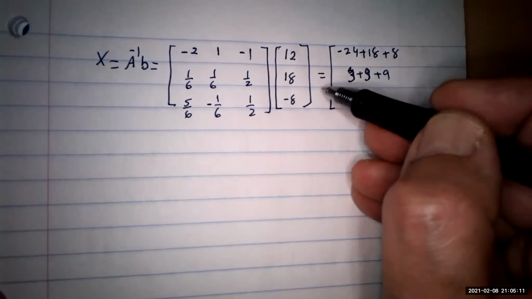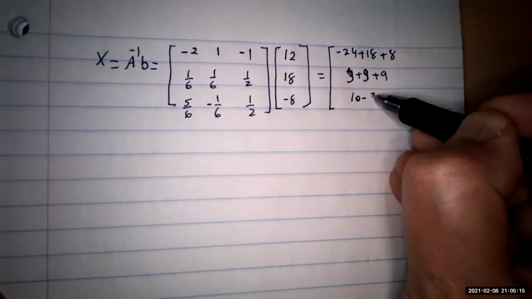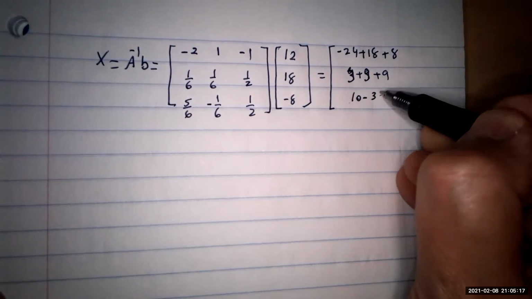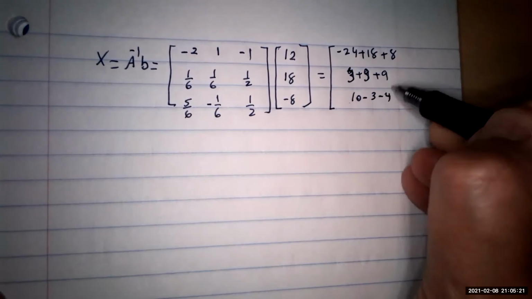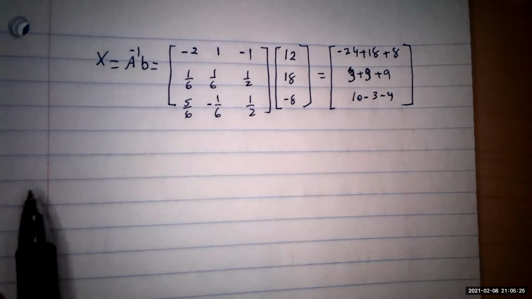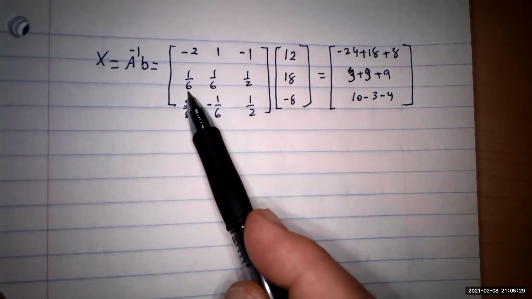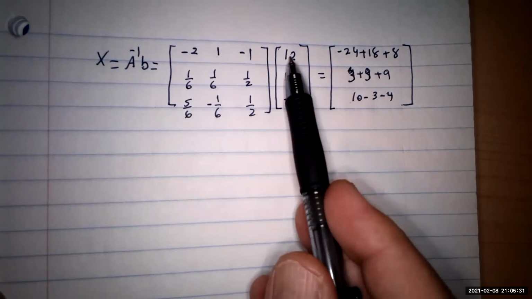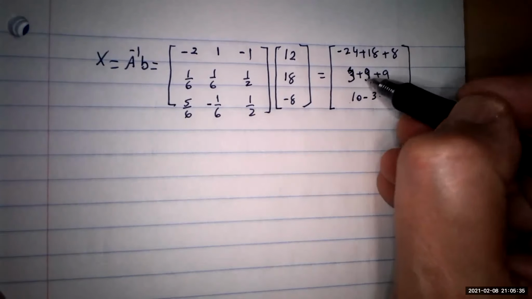60 over 6 gives you 10. It's going to be 10 minus 3 and the negative 4. You know that is the row-column multiplication. You just multiply and you get these numbers. 12 divided by 6 gives you 2. Okay, I made a mistake here.